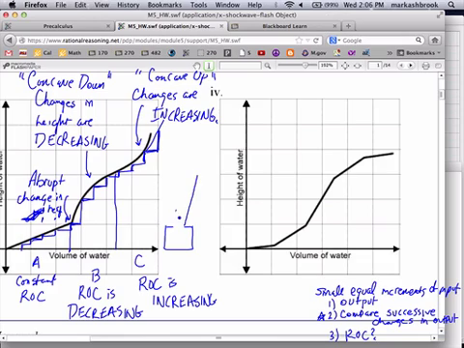And then if the rate of change starts to increase again, that means it must be getting narrower, because the same change in volume is causing greater and greater changes in height. So here's this very common looking bottle.